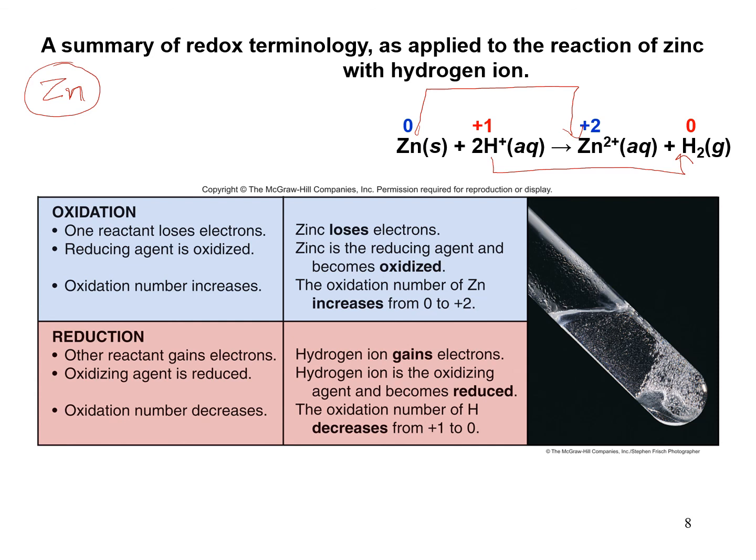What is this getting converted to? Zn2+. That is our second rule: if you have an ion, whatever is the charge on that particular ion by itself, that is its oxidation number. So the oxidation number of Zn2+ here would be +2. That's how I came up with this number.